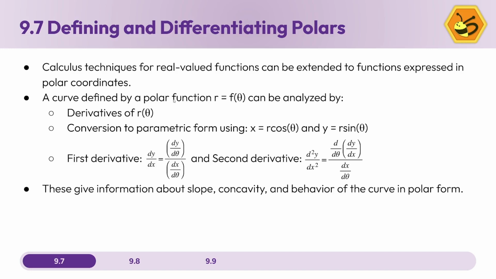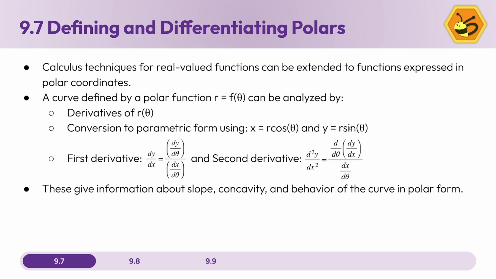If we have a curve defined with r equal to a function of theta, we can analyze the derivatives of our polar function. We can also convert to a parametric form, so we're basically converting back to Cartesian coordinates, and instead of time, it's parametric in terms of theta.